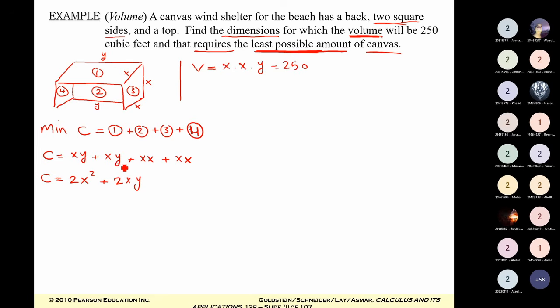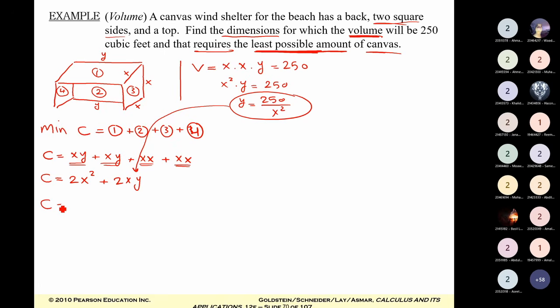So this is 2xy, xy, xy, 2xy, and this is x square, so we have 2x square. Now we can obtain x square multiply y equal 250, so y equals 250 over x square. This is the value of y that we substitute here.